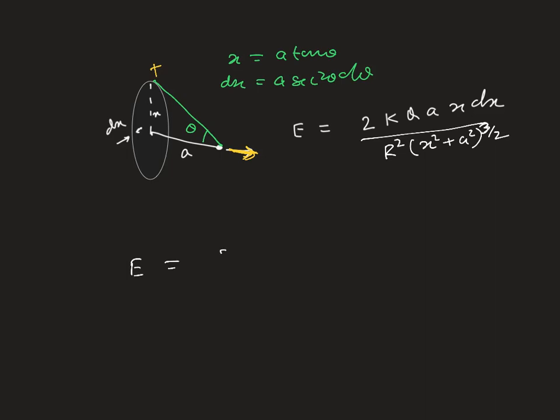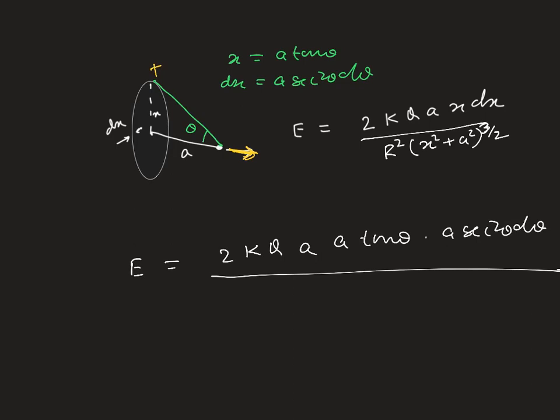E equals 2kq a, obviously, and x equals a tan theta, and dx equals a sec squared theta d theta, divided by r squared, and again we have x squared plus a squared power 3 by 2, that is a cubed sec cubed theta.